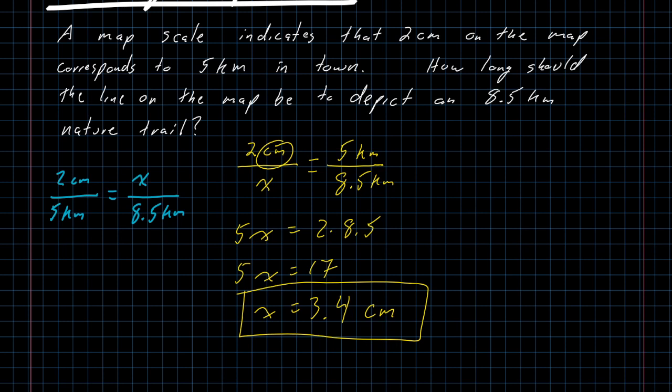And this is a very different looking proportion. The interesting thing about it, though, when you take the cross product test, you're still going to get 2 times 8.5 is equal to 5x.